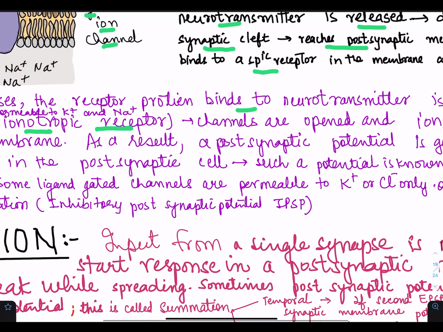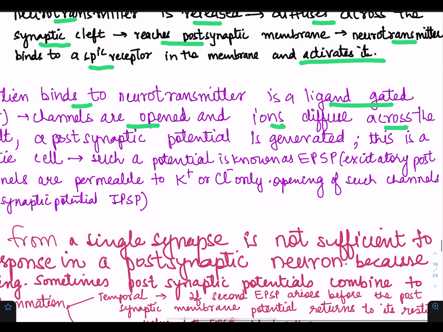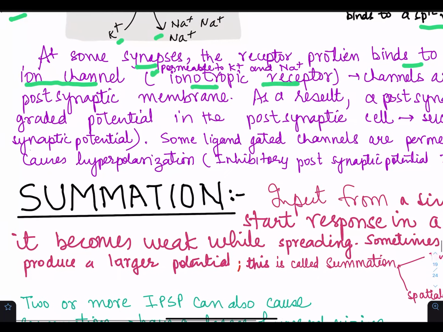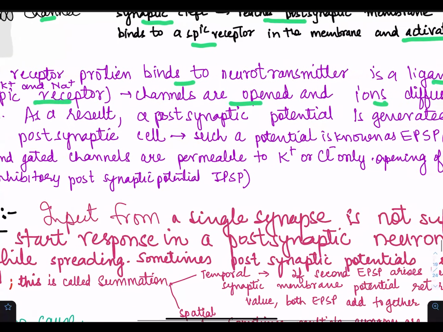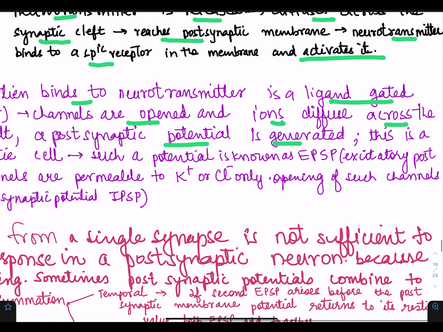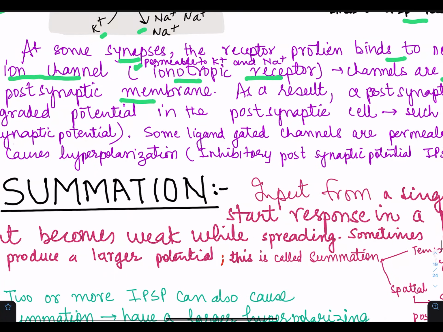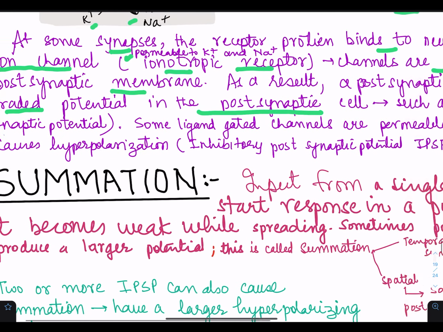The channels are opened and ions diffuse across the postsynaptic membrane. As a result, a postsynaptic potential is generated. This is a graded potential in the postsynaptic cell.